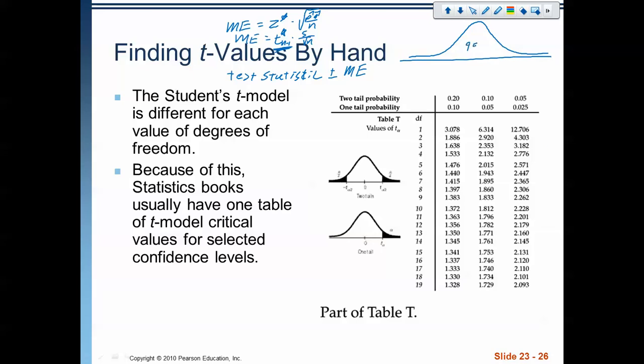If I wanted to talk about a 95% confidence interval, I'm talking about the middle 95% on a normal model. Remember, we get that 95% because the area beneath this curve is 0.95. What that tells us is if this is 95%, then this over here is 2.5%, and this over here is 2.5%.